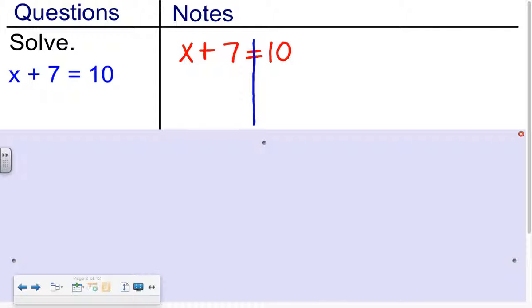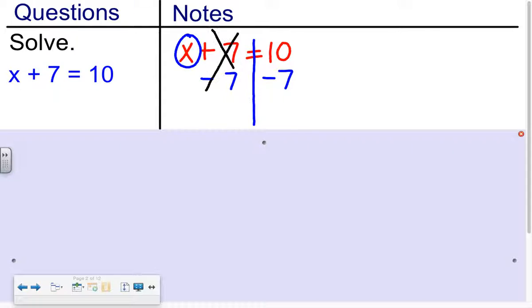So again, my goal is to isolate the variable, or get it by itself. The way to get this x all by itself and get rid of the plus 7 is going to be to do the opposite. So instead of adding 7, I'm going to subtract 7 on both sides. If I take 7 minus 7, that gives me 0.